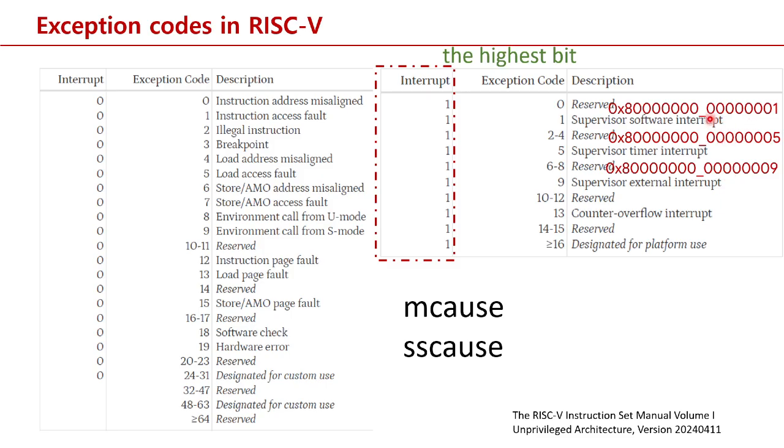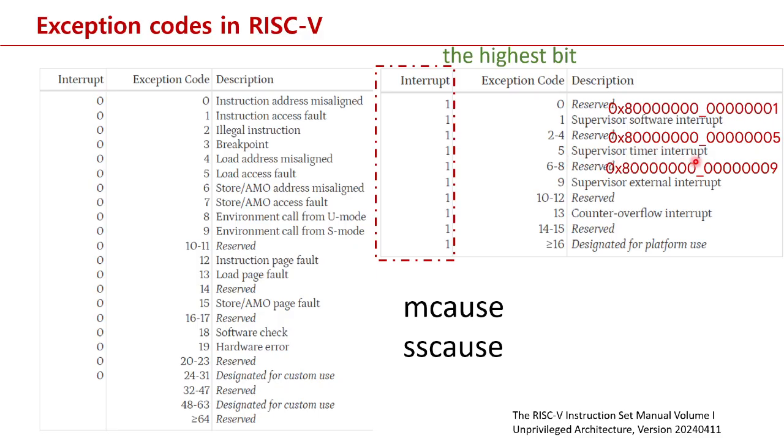If the interrupt is a supervisor software interrupt, it has 1 because it is specified in this table. But as for this kind of exception code, the highest bit will be 1 in this case. That's why the mcause register or scause register has this kind of value.